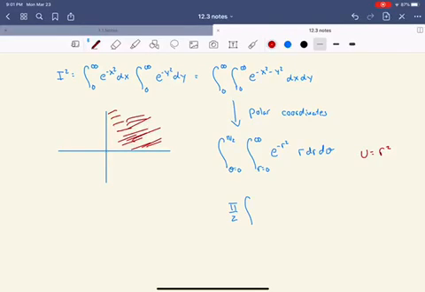So we're going to have, let's take the limit, because we're doing an infinite integral, t goes to infinity, from 0 to t, e to the negative u. du was 2r dr. So our dr is going to be du divided by 2r. And I forgot my r. That needs to cancel.